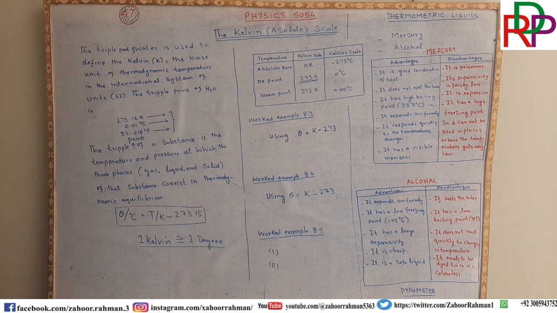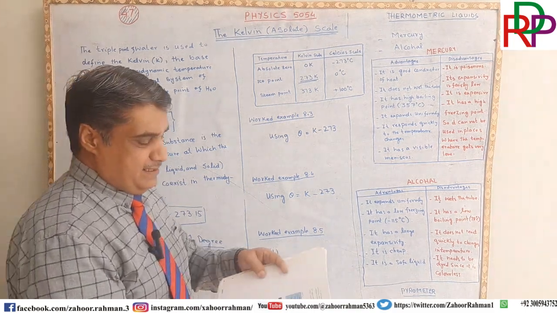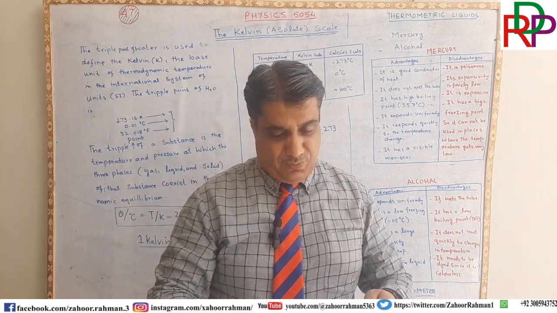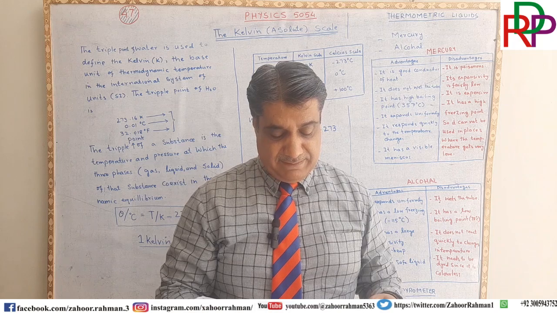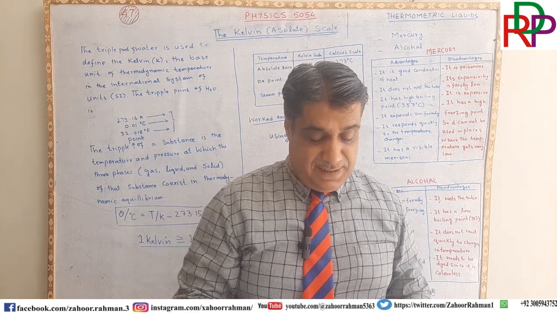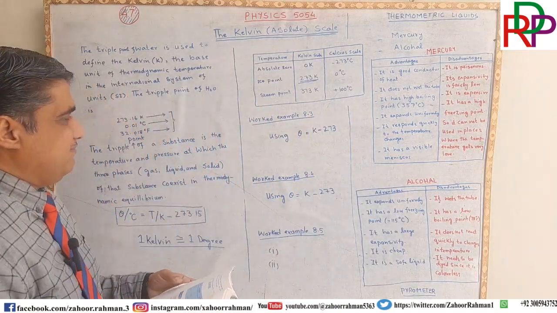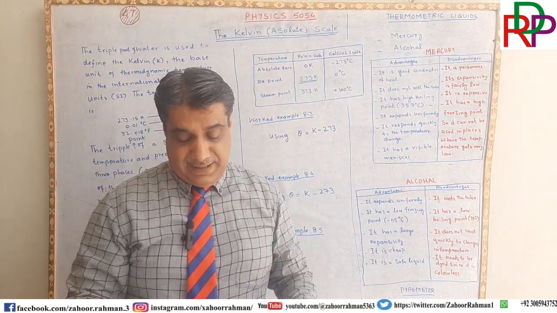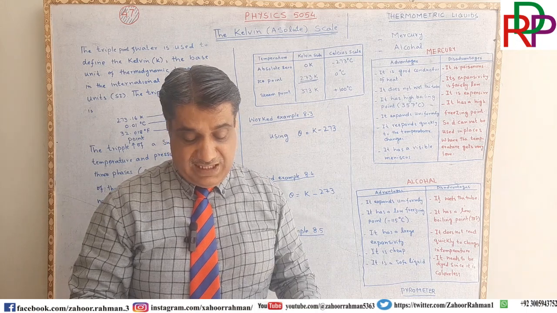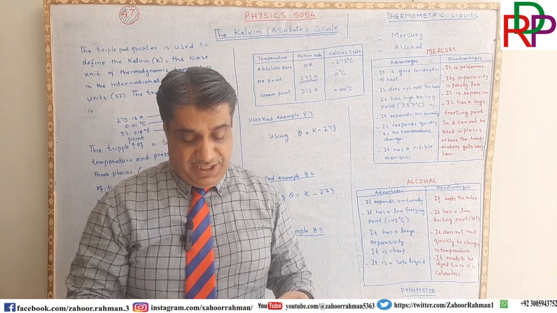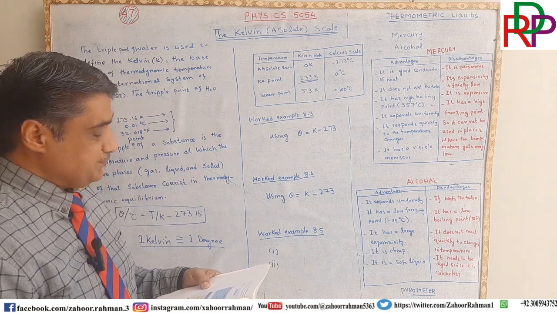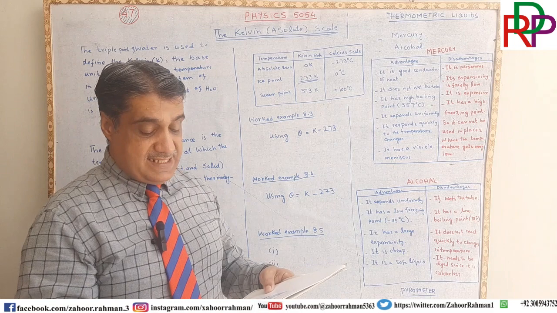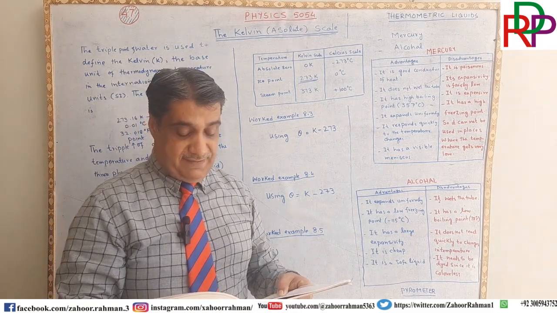Okay, to clear this concept, let us do a few worked examples. These worked examples are given on page number 120. Worked example 8.3 is saying the temperature of a baby having high fever is found to be 40 degrees Celsius. So, what is this temperature in Kelvin?